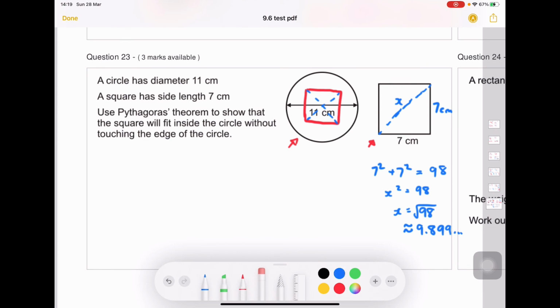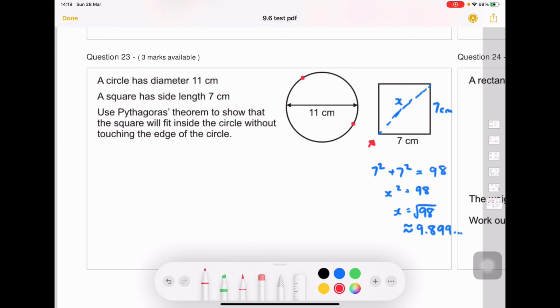Now I want you to think about a circle, and here it says that the diameter is 11 centimeters. What does diameter actually mean, though? Diameter is the length from one side of the circle to another side.